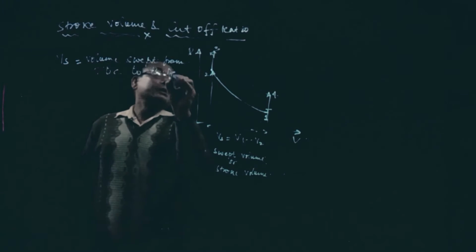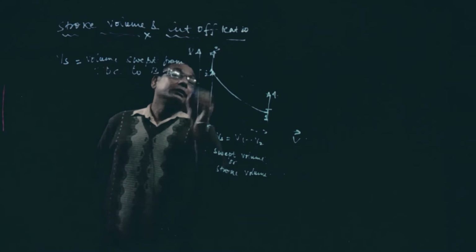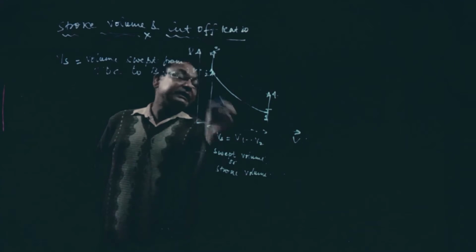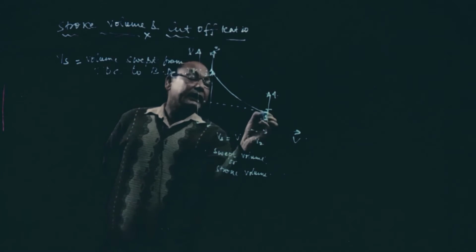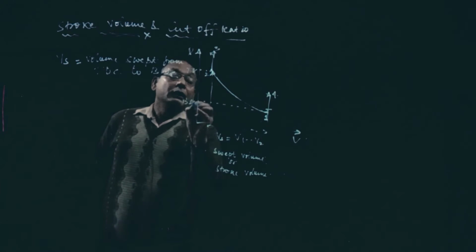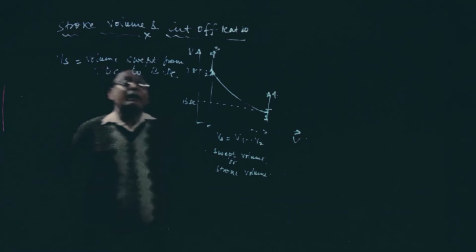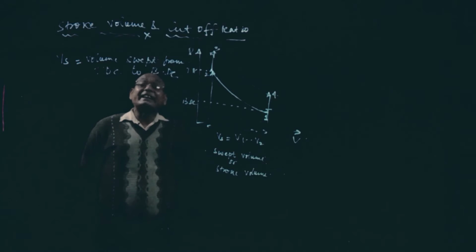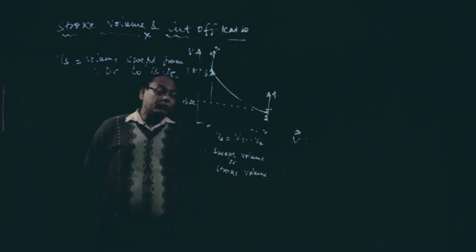Remember, this is our TDC and this is our BDC. How much volume is swept? How much volume is taken care of? So it is swept volume or stroke volume.